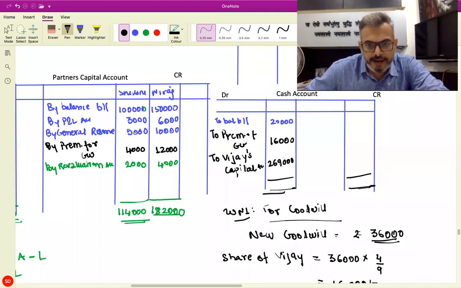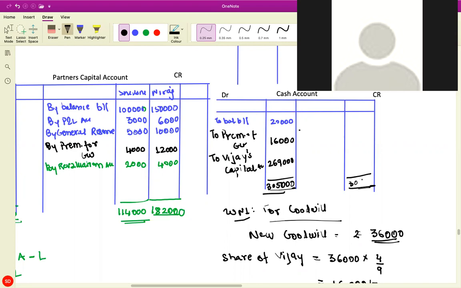So 2,69,000 plus 36,000. So balance कर लो 3,05,000.